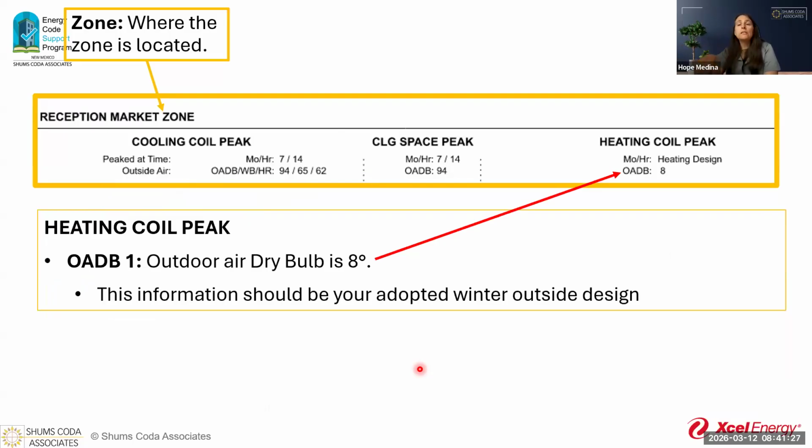If we look at the heating portion, it's telling us the outdoor air dry bulb temperature is 8. This 8, again, should be your adopted winter outdoor design temperature. If you're a plans examiner, you're going to see what you've adopted. If you're designing it, you just need to design it to whatever the jurisdiction has actually adopted for these particular temperature numbers.